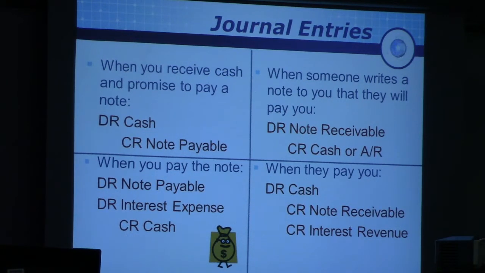So it would be debit cash, credit notes receivable, and credit interest revenue. So here we come to a third type of receivable, which is interest receivable. So you might even have notes receivable and interest receivable based on the interest amount that you are supposed to receive from the note.